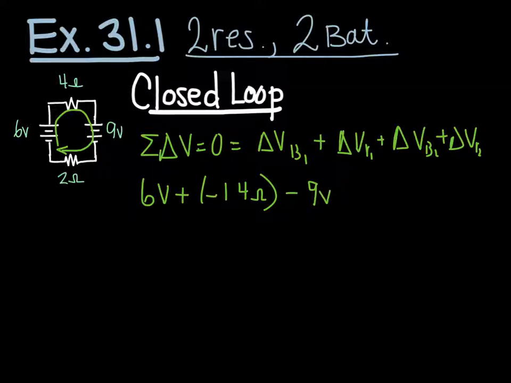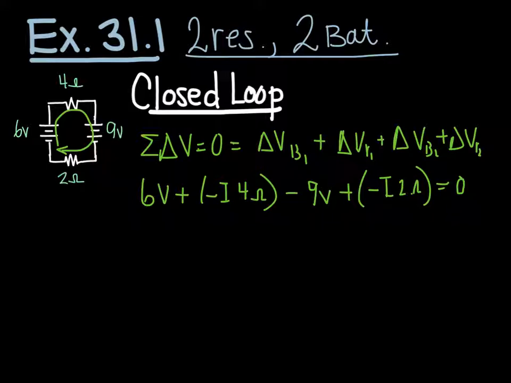And then we have the 2-ohm resistor, which, again, we have a negative value because we're decreasing the potential through the resistor. We don't know the current, so we'll call it I. Make this a little clearer that it's a current. And then the 2-ohm resistance. So 2 times I will equal our potential. Okay, and we can set this equal to 0.